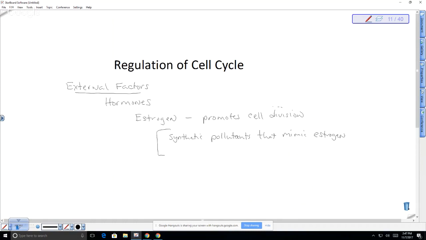And we see that in some animals, these estrogen mimicking chemicals get in the water and mess with their reproductive development. Specifically amphibians, like frogs, right? They might be exposed to atrazine, and atrazine affects their ability to develop into a male because they're being exposed to all these estrogens in the water.